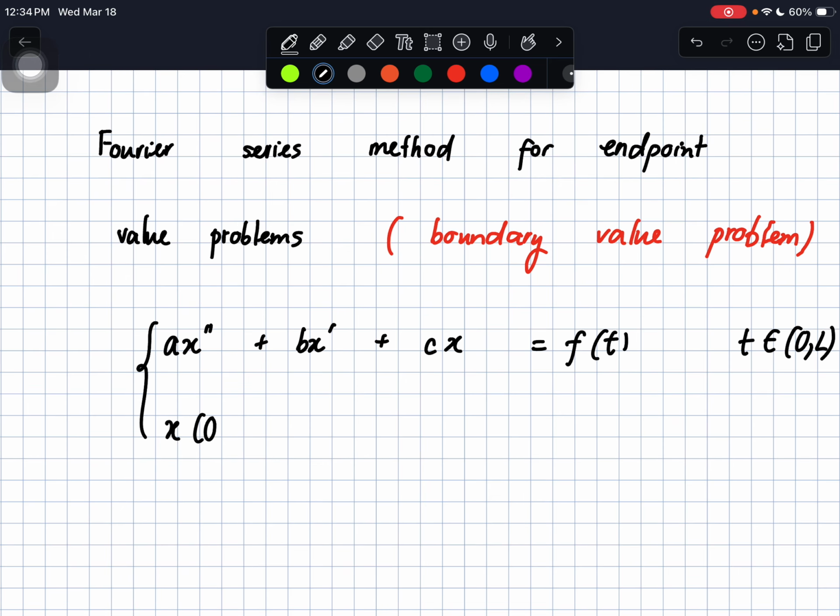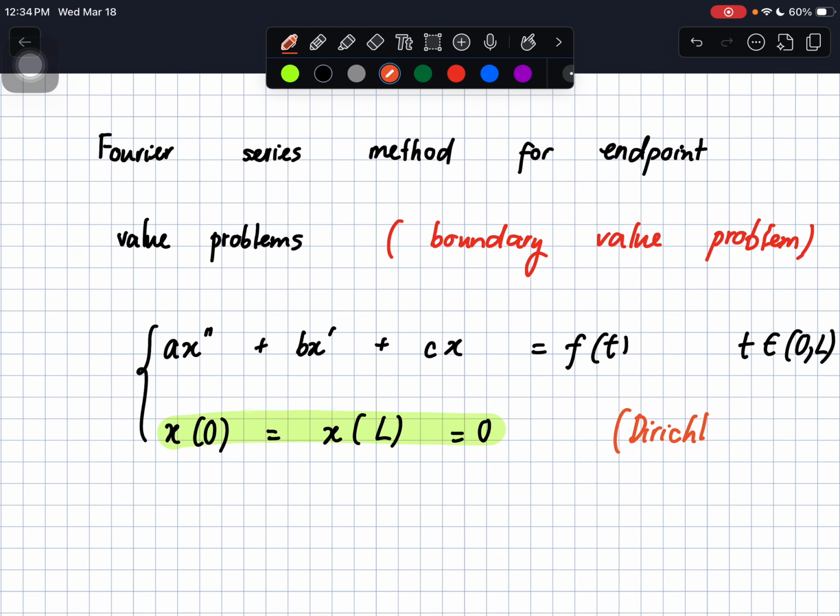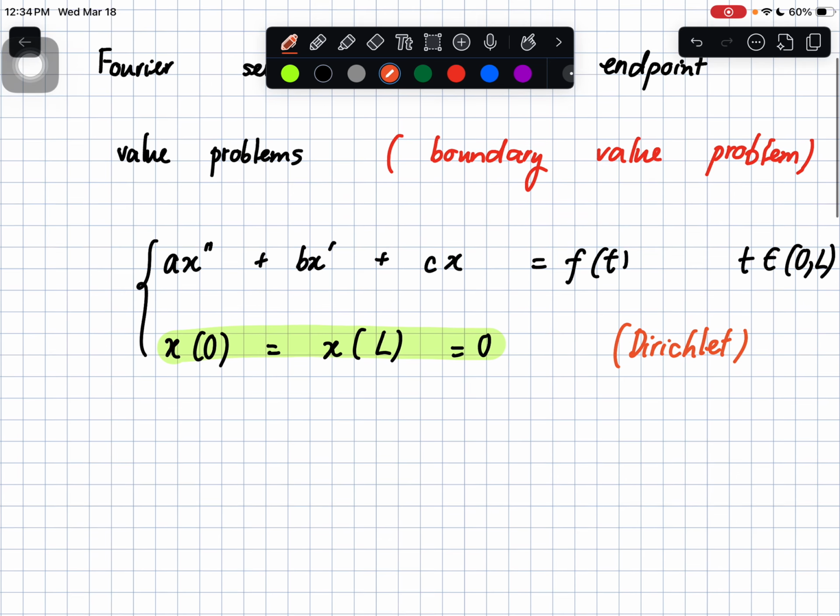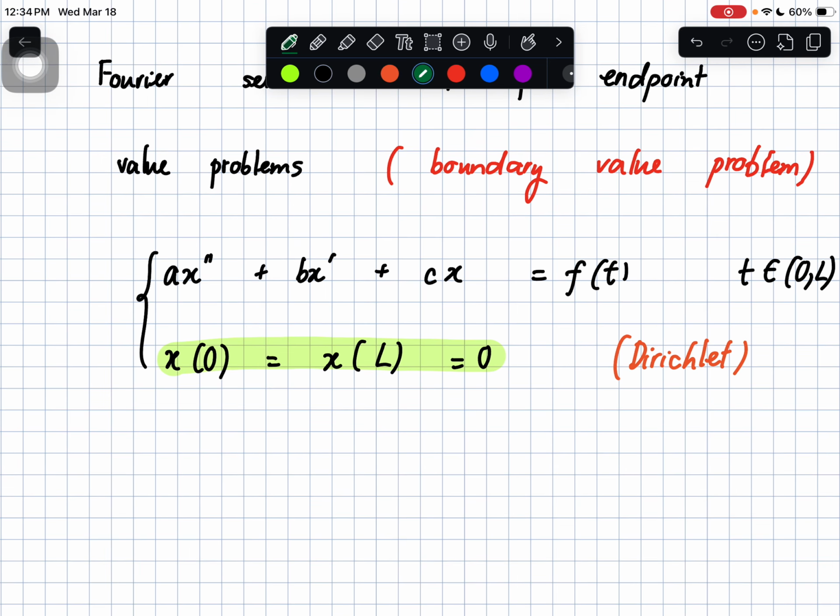So we are given this type of question. And this boundary condition, we call the condition of Dirichlet type. Another type is a Neumann type.